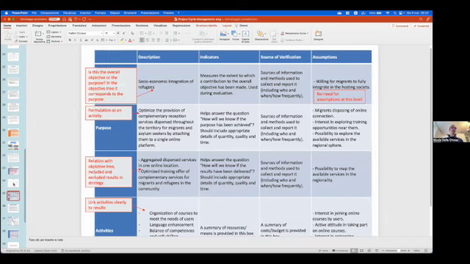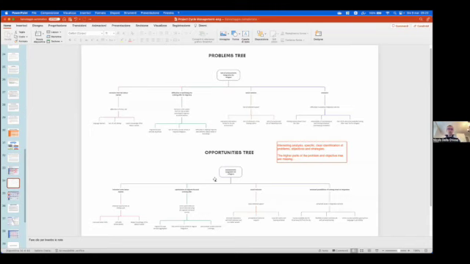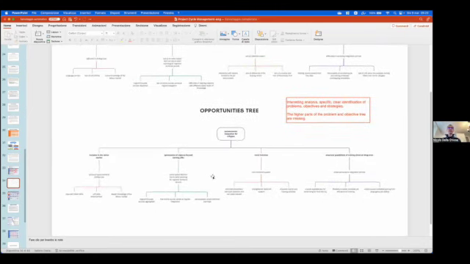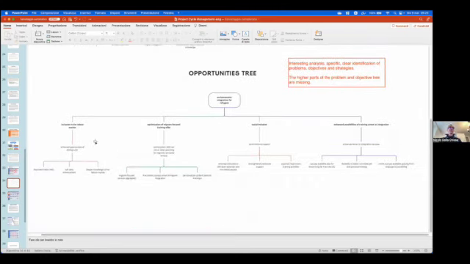If we go back to the opportunities tree, we have different what we would call results, in this case, inclusion in the labor market, optimization of migrant-focused training offers, social inclusion, enhanced possibilities of training aimed at integration.